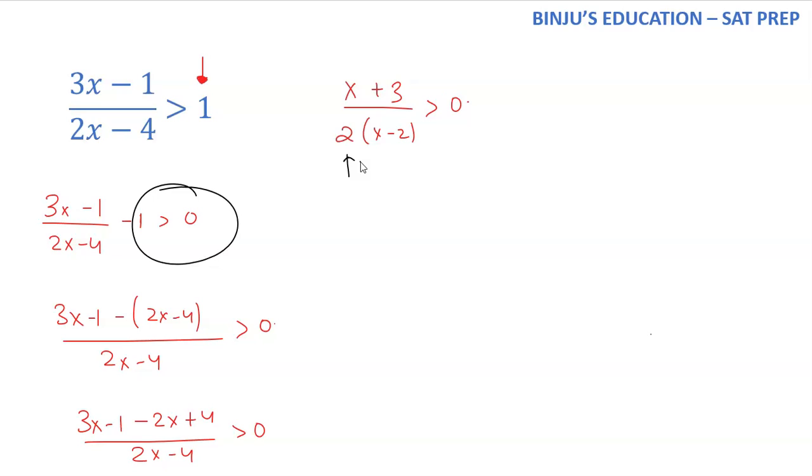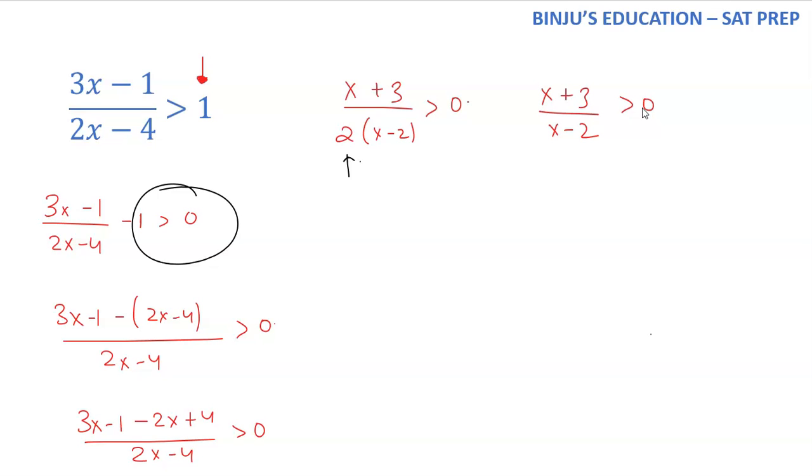And we discussed that in the first video on inequalities while doing linear inequalities: whenever we multiply both sides by a positive quantity, the sign of the inequality will not change. So if I multiply both sides by 2, which is a positive quantity, my expression will become (x plus 3) divided by (x minus 2) is greater than 0. On the LHS, the 2 in the numerator and denominator get cancelled, and on the RHS, 0 into 2 will still be 0.